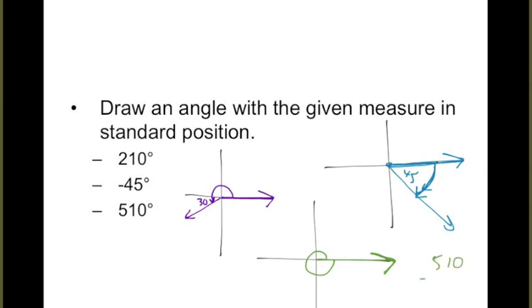Subtraction. 510 minus 360. You need to know that we have to subtract them. So when I subtract that, I'm going to get 150 left to go. So that's going to take me to about here with 30 left over.